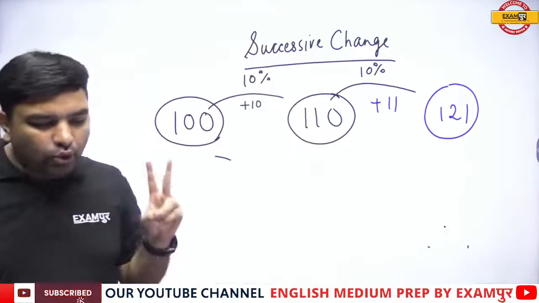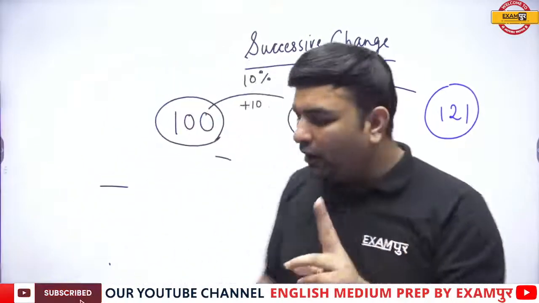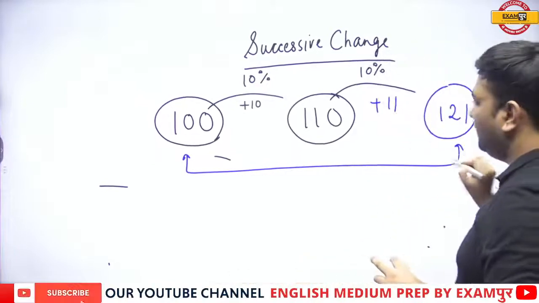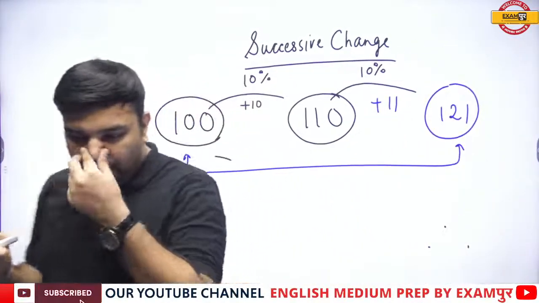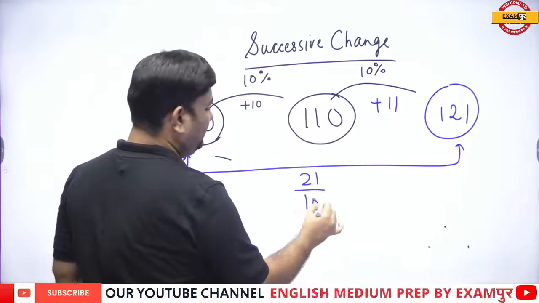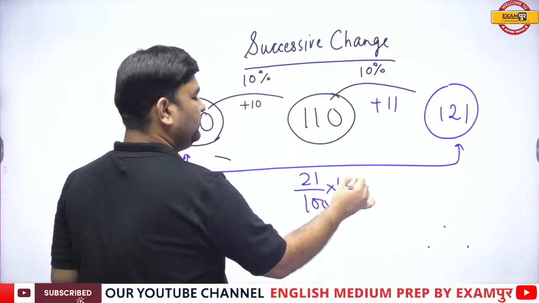So overall in 2 years, it has become from 100 to 121. 100 to 121 means an increment of 21 over 100 into 100, a 21% increment.